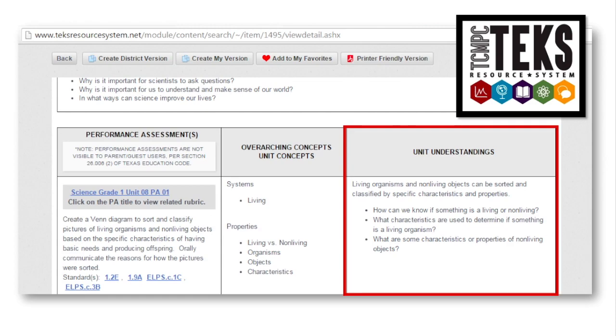The unit understanding is just a concrete sentence, but it does have some questions that follow along with it. Those questions can be easily rewritten as the first part of a lesson frame. We will learn how to determine if this is a living organism. We will determine characteristics and properties of non-living objects.